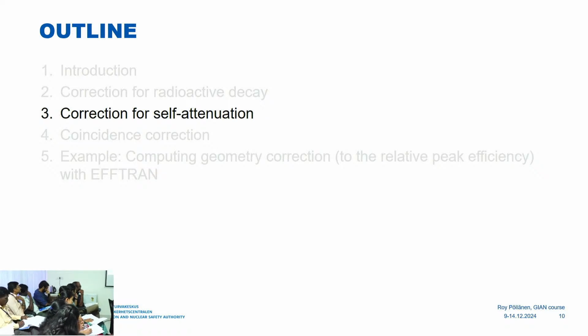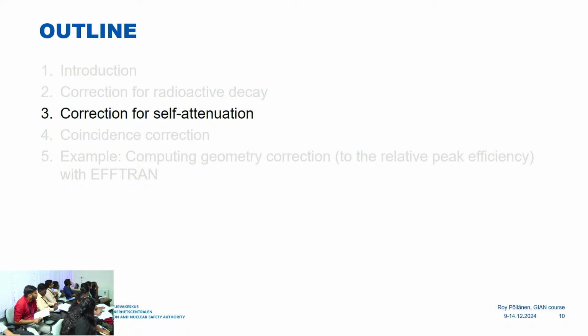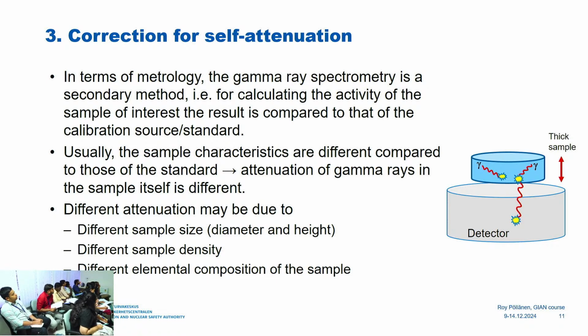Let's look at the correction for self-attenuation. So in terms of metrology, gamma ray spectrometry is a secondary method, which means that calculating the activity of the sample of interest, the result is compared to that of the calibration standard.